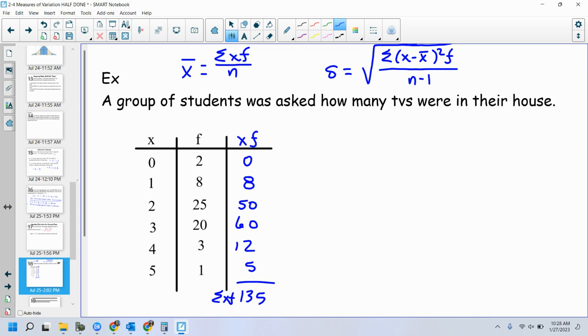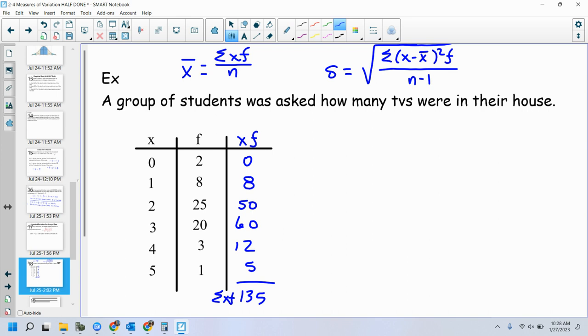And what is n? N is what here? Well, 5 minus 1, 4. Now, be careful. Is it the sum of the x or the sum of the f's? Sum of the f's. Got to add up all those together. You just got to know that. Think about the n value as how many people I'm surveying, right?